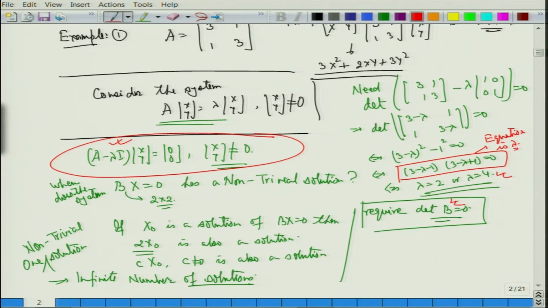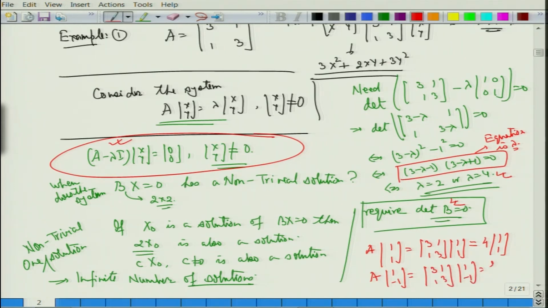I would like you to see that A times the vector (1, 1), which is the matrix [3 1; 1 3] times (1, 1), is equal to 4 times (1, 1), and A times (1, minus 1) is [3 1; 1 3] times (1, minus 1), which is 2 times (1, minus 1). All right.